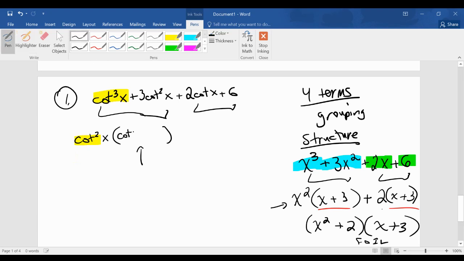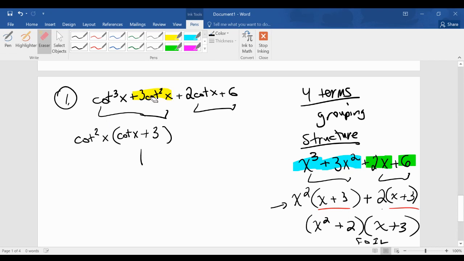That's going to leave me with regular cotangent, cotangent to the first, cotangent with no exponent. Then we're going to get the next term in the parentheses by dividing this by the cotangent squared. That's going to leave us with plus 3.